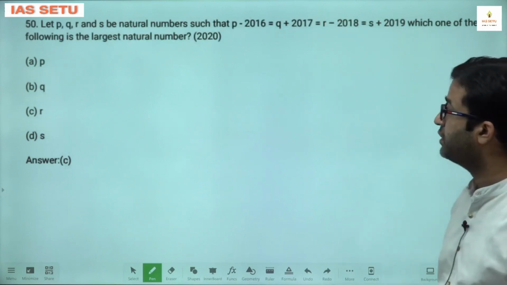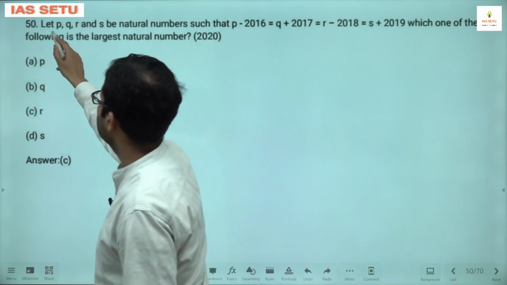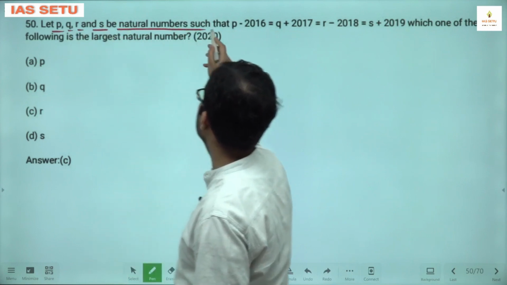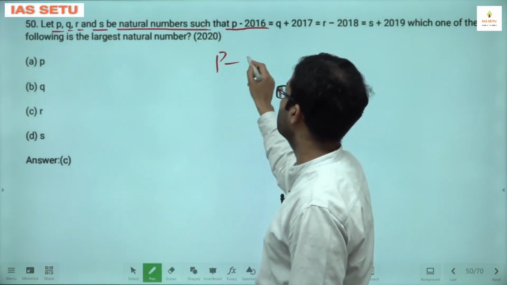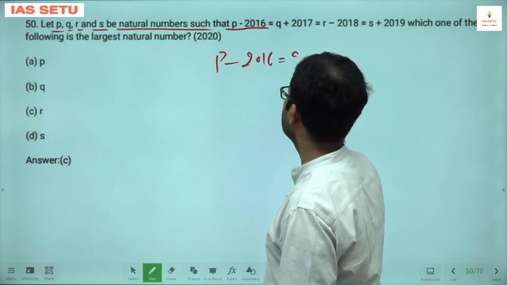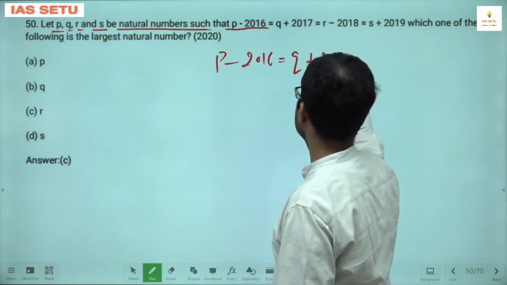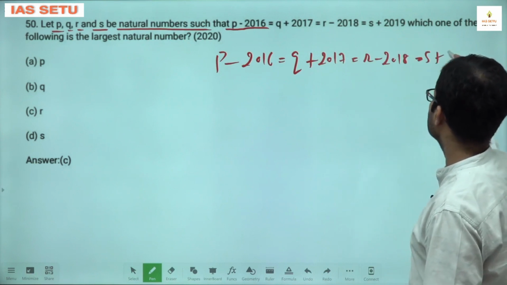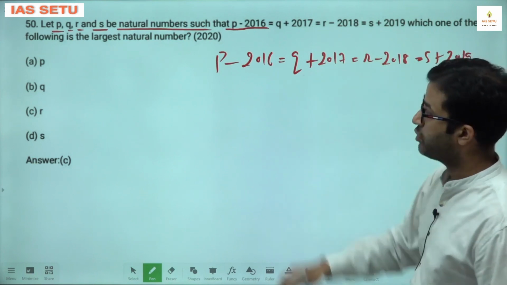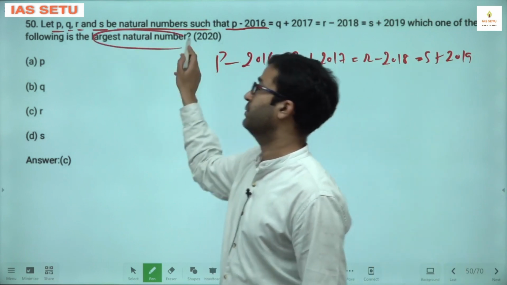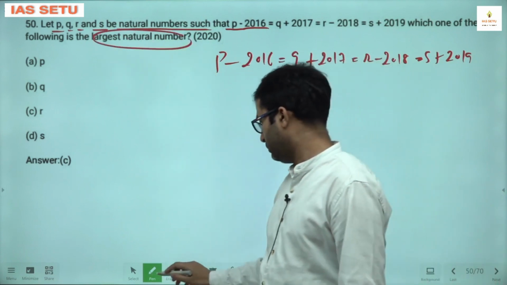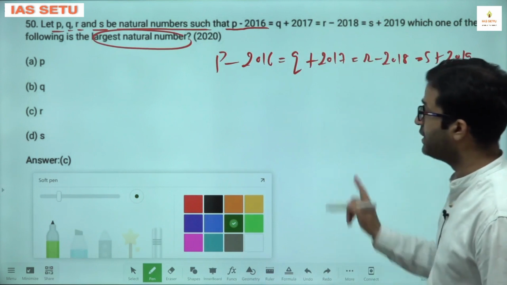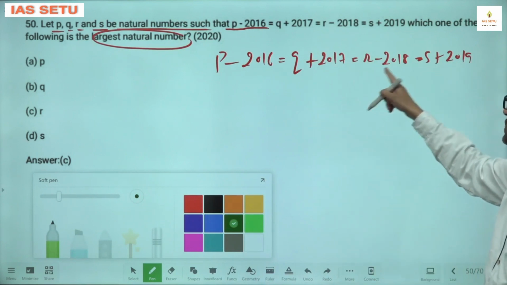Question number 50. Let P, Q, R, S be natural numbers such that P minus 2016 is equal to Q plus 2017, R minus 2018, S plus 2019. Which one of the following is the largest natural number? Like here, natural numbers, so 2016, 17, 18.